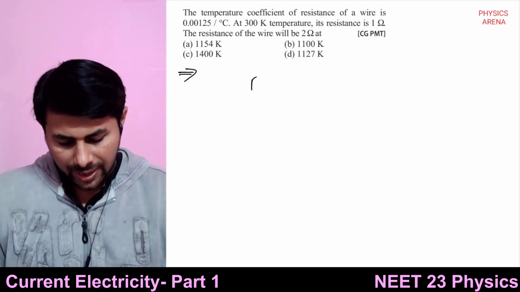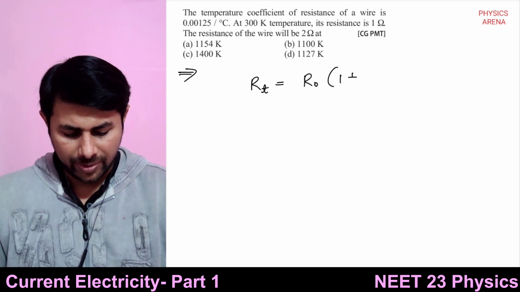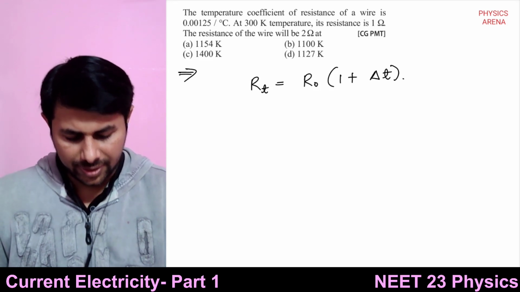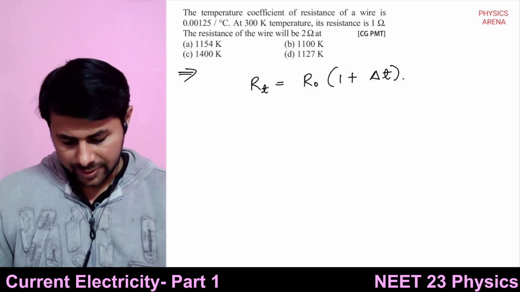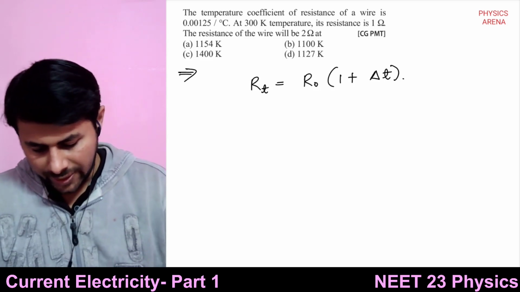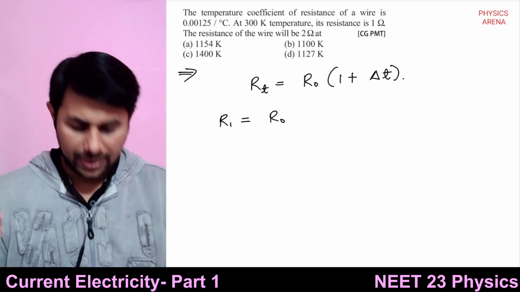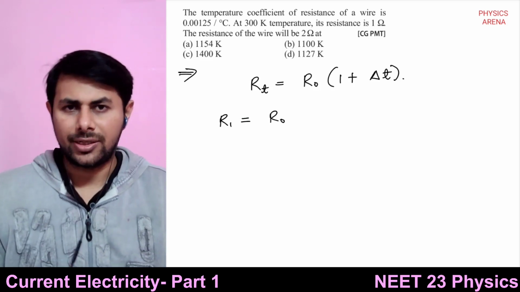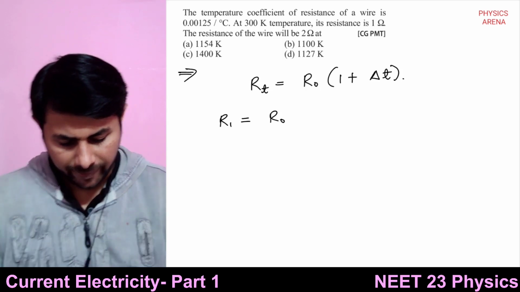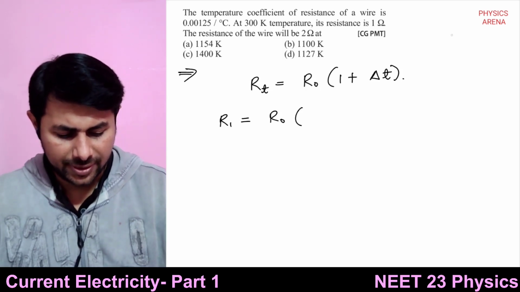So RT is equal to R naught multiplied by 1 plus alpha delta T. So this is the formula. I can say R1 is equal to R naught, where R naught is the resistance at 0 degrees Celsius, multiplied by 1 plus alpha delta T. What is 0 degrees Celsius?